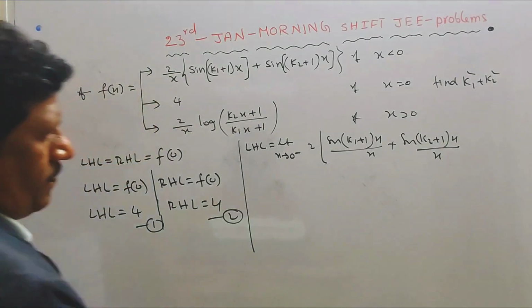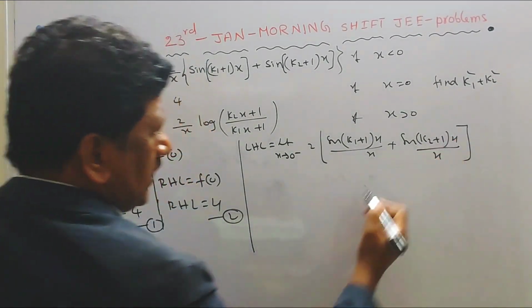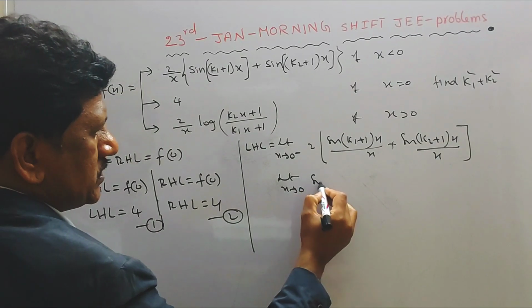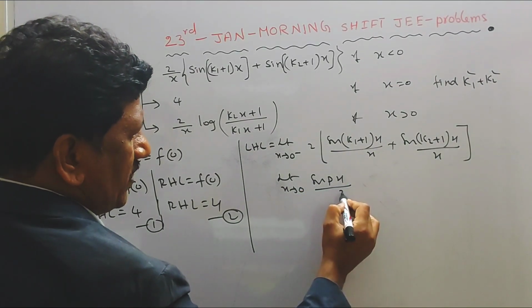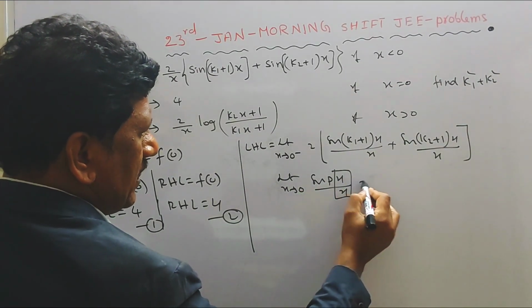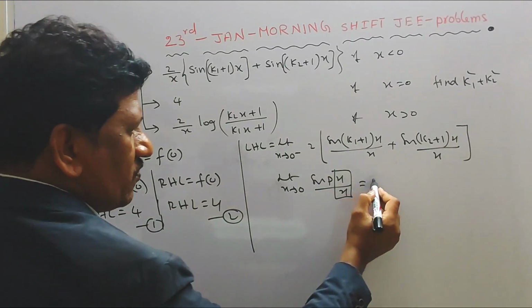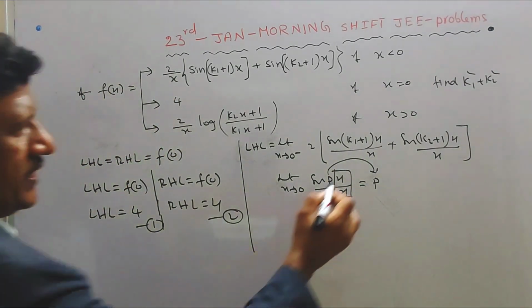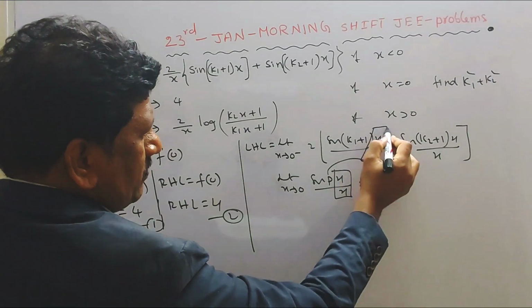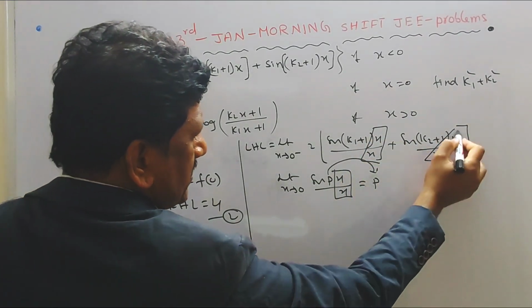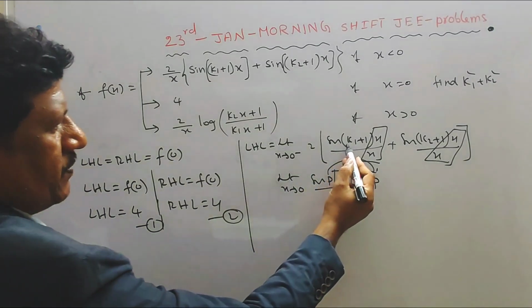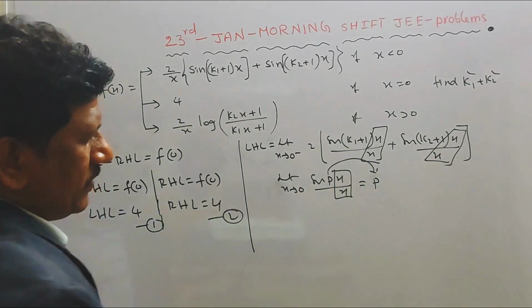Here I will use one formula: limit x tends to 0 of sin of px by x. When these both x's are similar, whatever the side constant value p is, that will come. Here both x's are similar, so k1 plus 1 will come, and k2 plus 1 will come.